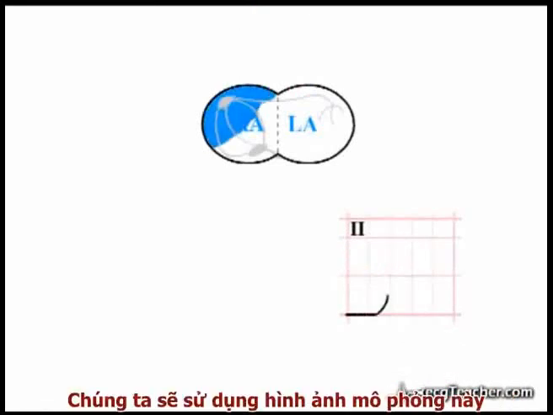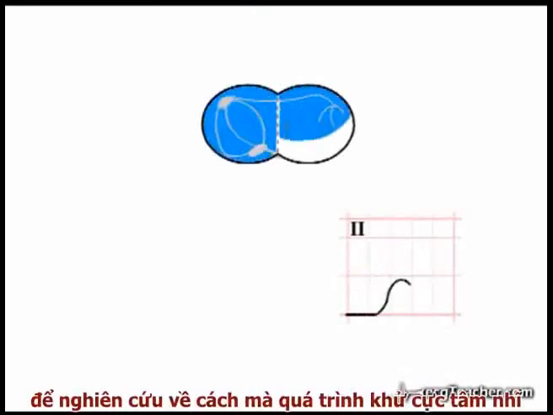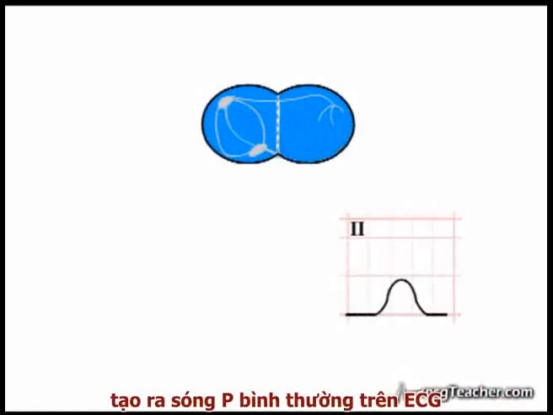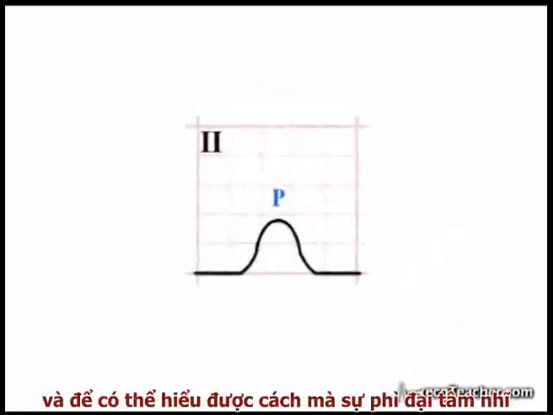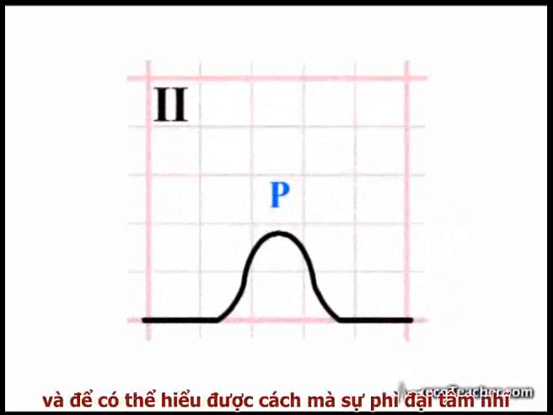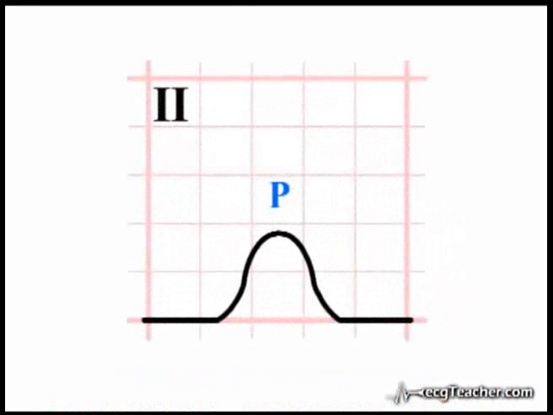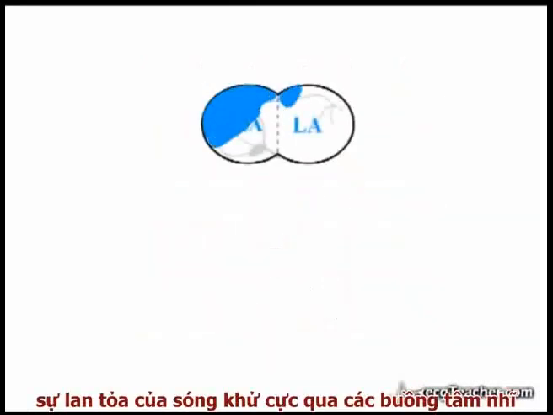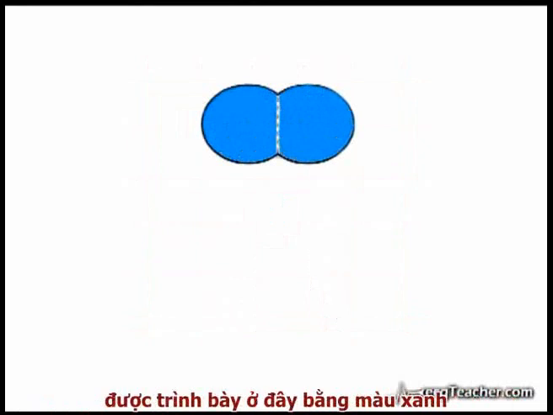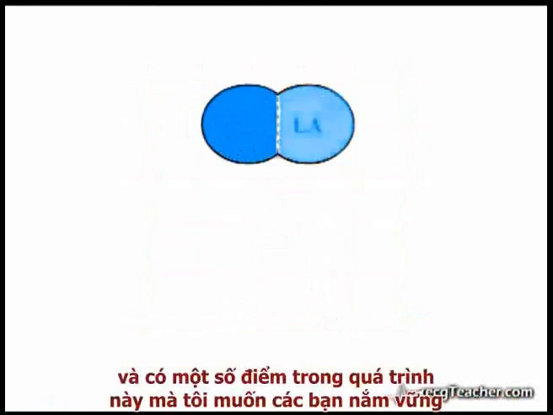We will use this schematic to study the manner in which atrial depolarization produces the normal P wave on the ECG, and to understand how enlargement of the atrial chambers produces diagnostic changes in P wave morphology. The spread of depolarization through the atrial chambers is shown here in blue, and there are some features of this process which we would like you to note at this point.